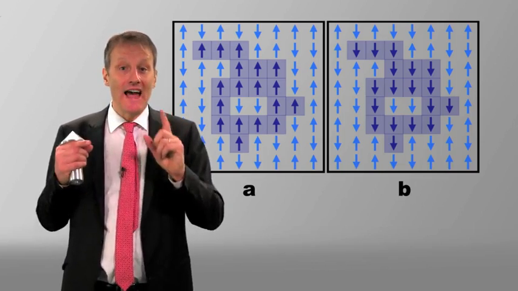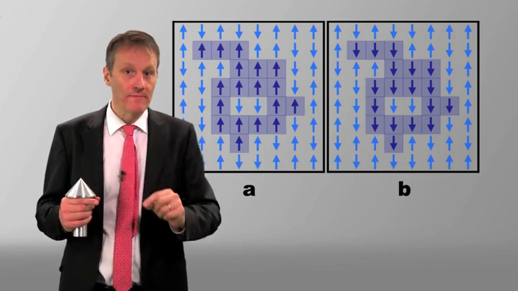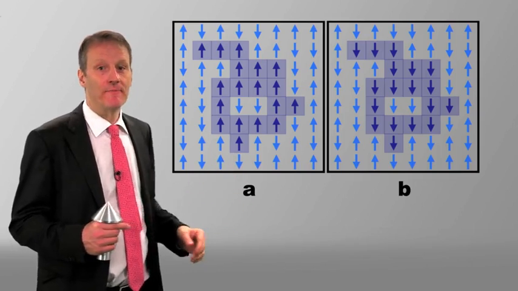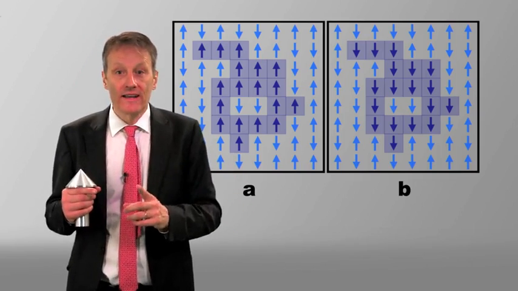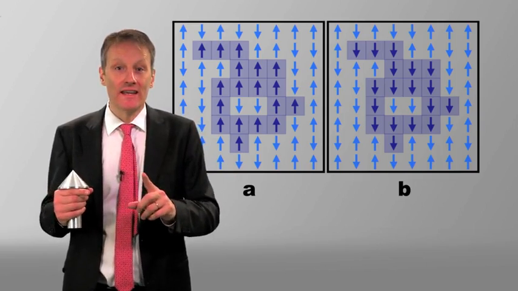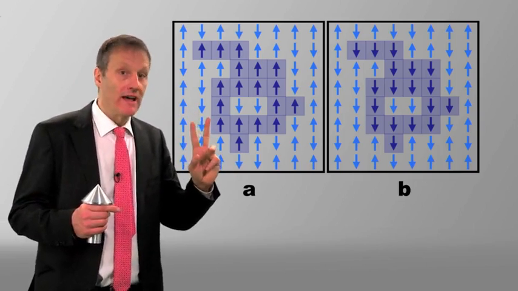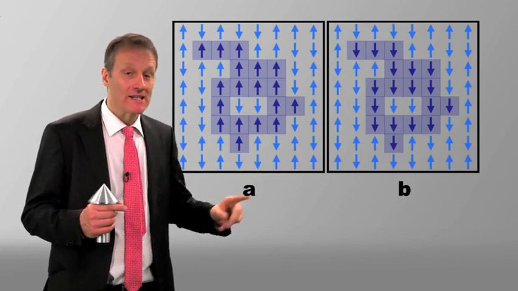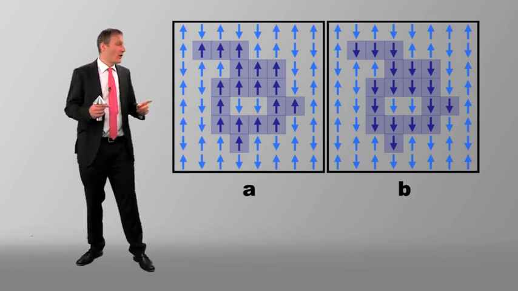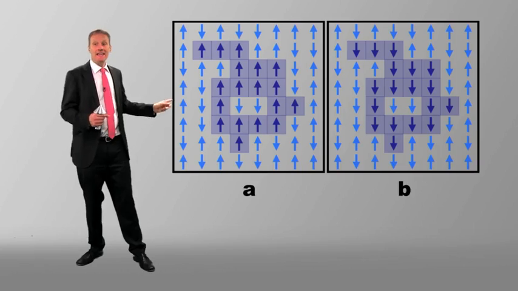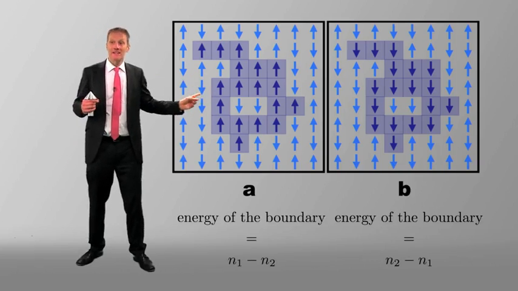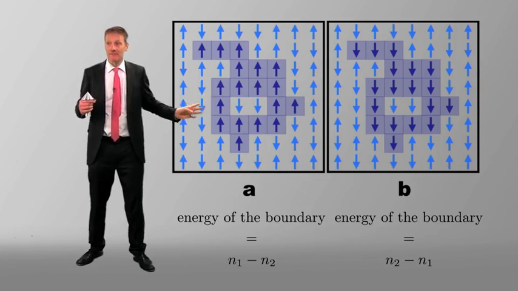That means there are 18 terms plus 1 and 14 terms minus 1 in the energy. Or if we write n1 instead of plus 1 and n2 instead of the terms plus plus, the energy across the boundary is n1 minus n2 in A, and it is n2 minus n1 in B.